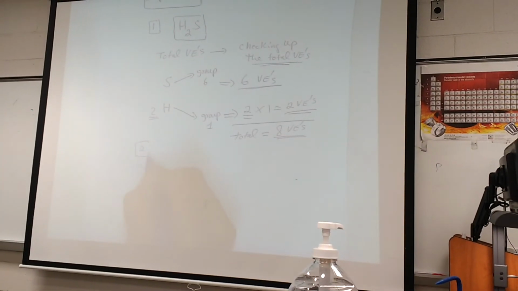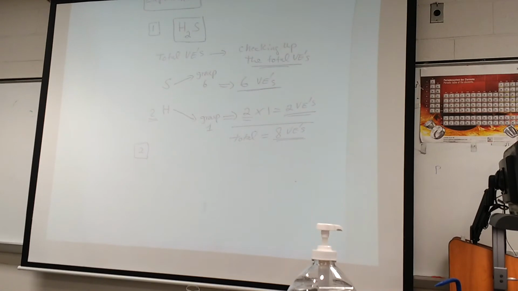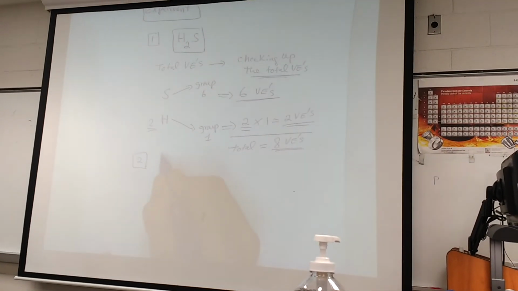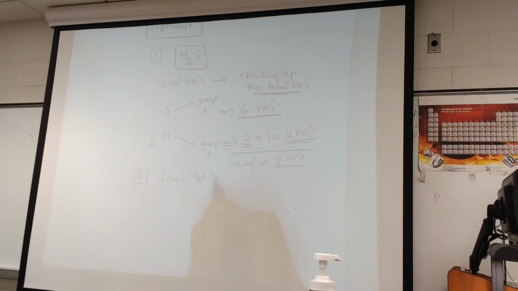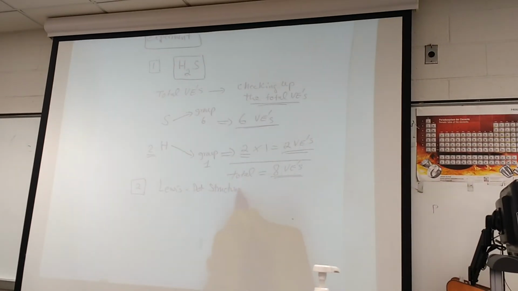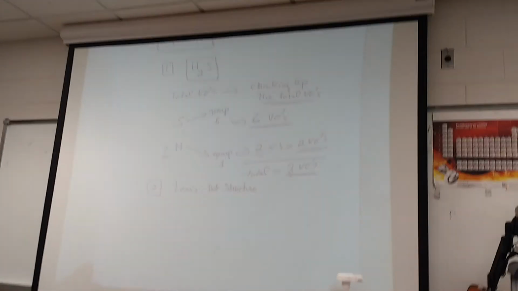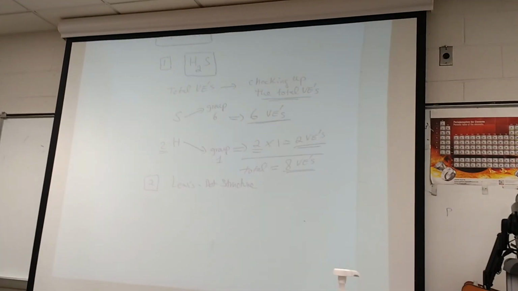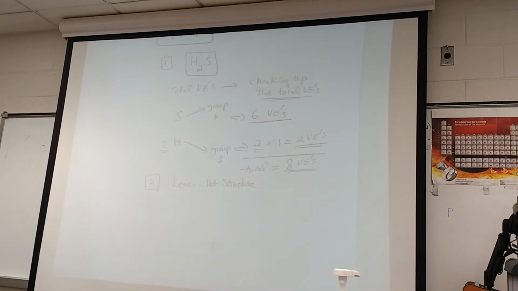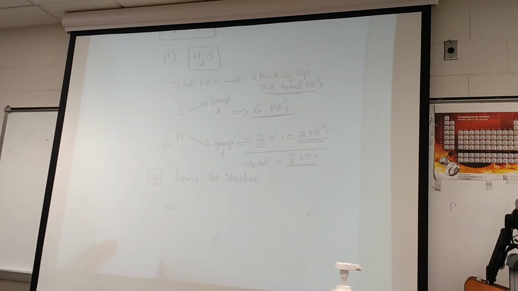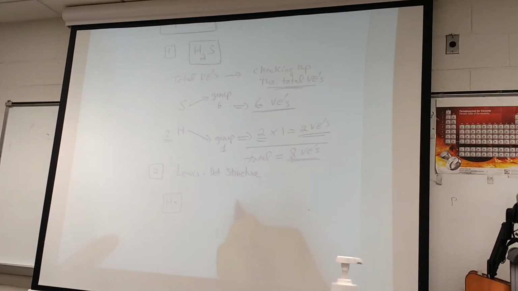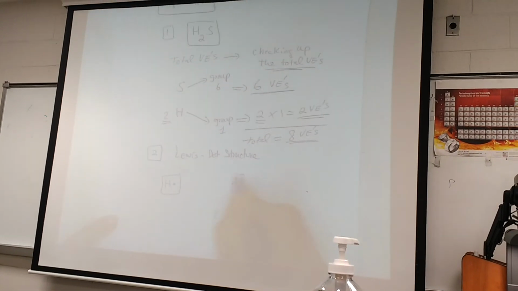Number 2, I want to look into the Lewis dot structure of this, correct? Now with this in mind, hydrogen is always at the edges, no exception, always. So I will have here hydrogen with 1 valence electron, group number 1, and box it. And then here is another hydrogen, box it.